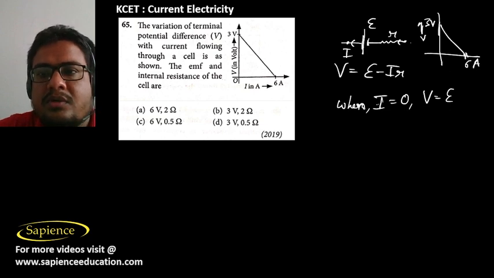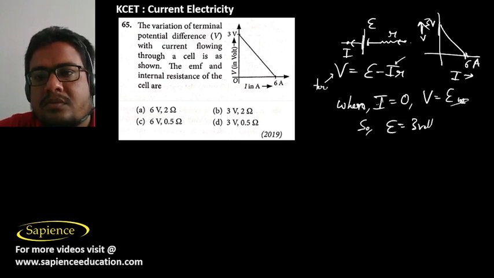V is the terminal voltage versus the current flow. That means V is equal to E when current is 0, so E is equal to 3 volts, and it is the EMF of the cell.